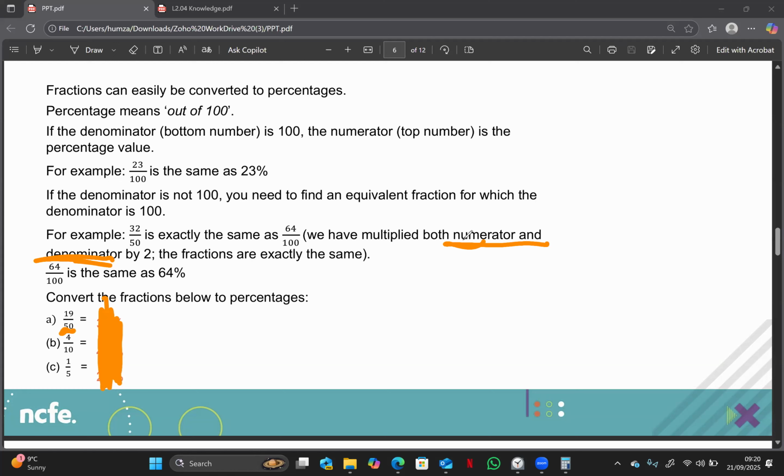I'll help you on the first one. If you read the example, it says 32 over 50 is exactly the same as 64 over 100. Can you see why? If you divide 64 by something, can you get 32 as the answer?